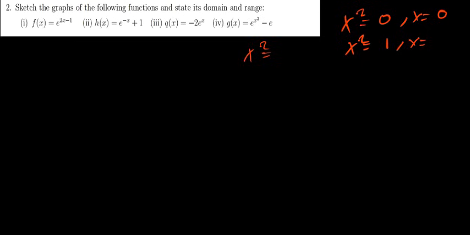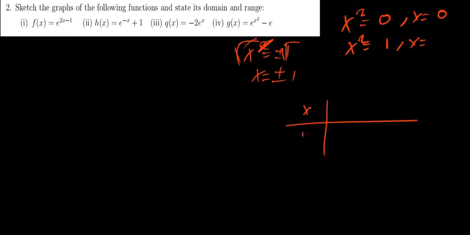So x squared is 1, so you say plus or minus the square root, this and that will cancel. x is equal to plus or minus 1, meaning that I have got three values for x: -1, 0 and 1.